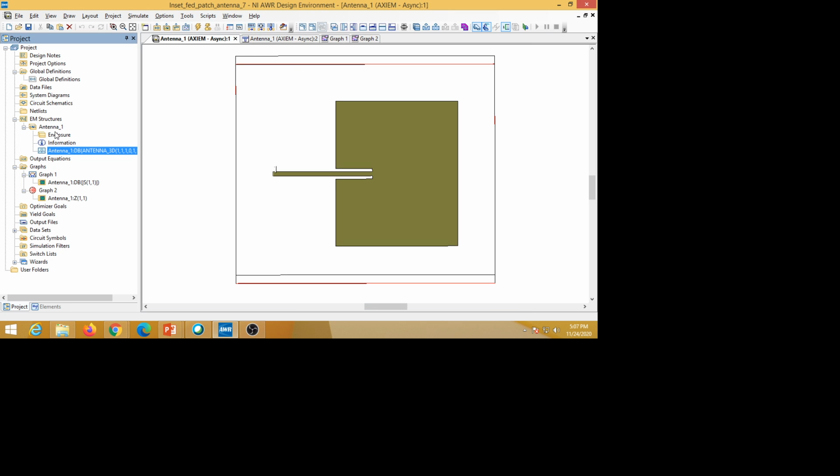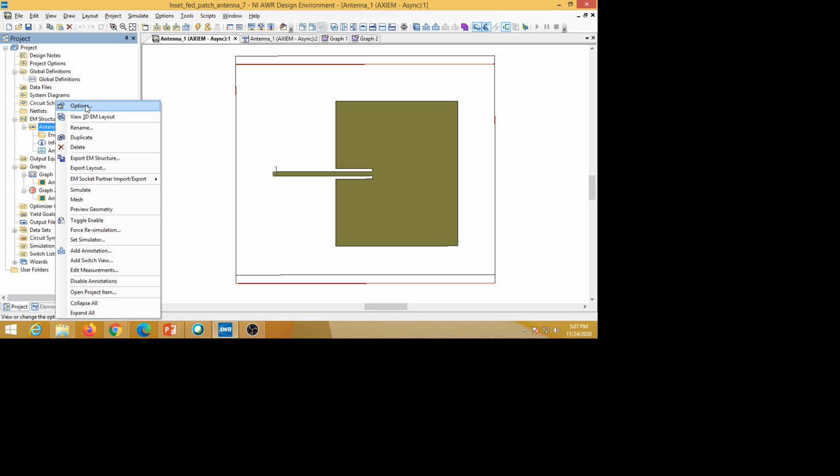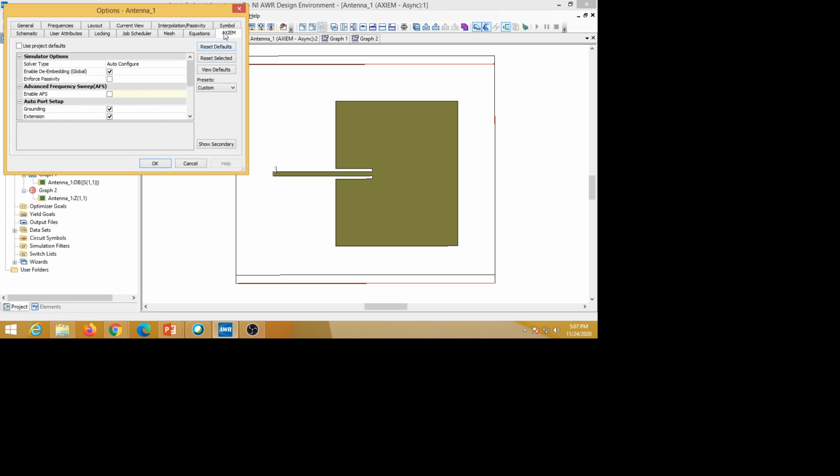One more change you have to do: go to options, there is axim. You should uncheck this also. To get the current distribution, this is unchecked and this should be checked. To get the radiation pattern, this also should be unchecked.